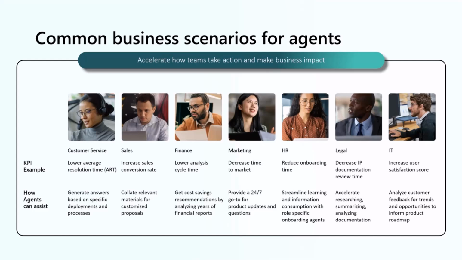Really great example. A sales example: increasing sales conversion rates, making it more efficient to compare between sales engagements, financial engagements, marketing engagements. From a marketing perspective, this week I've been planning some upcoming live streams on YouTube, and I've been brainstorming that together with Copilot 365, which is incredibly powerful.